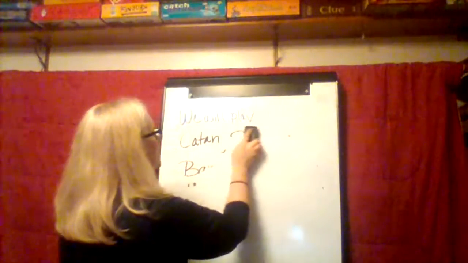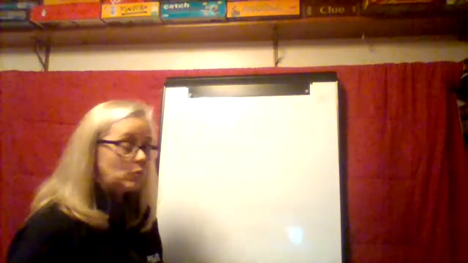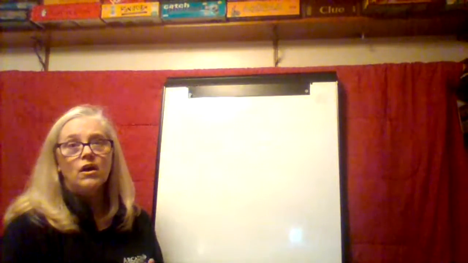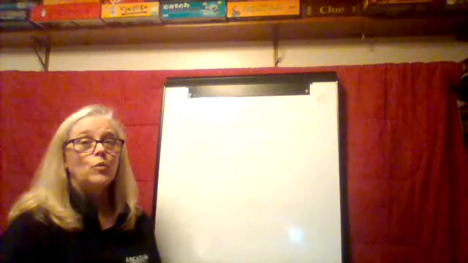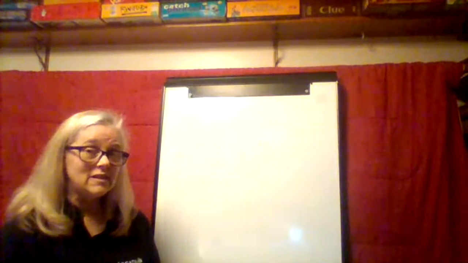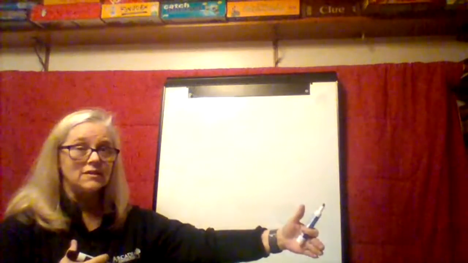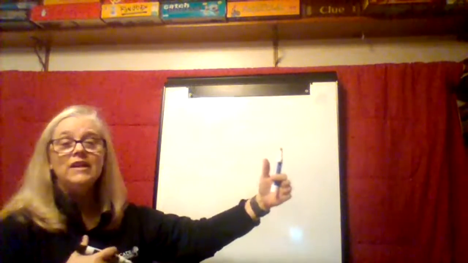Sometimes we have lists that are not just single nouns. We can have lists that are verbs. We can have lists that are prepositional phrases. We can have lists that are clauses. And if we've got a string of clauses, we need to use commas.